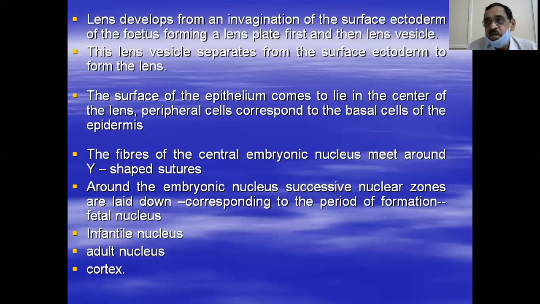So there will be further deposition of lens fibers, which corresponds to the period of formation of the fetal nucleus. The fetal nucleus is just adjacent to the embryonic nucleus, and the fibers are laid down between the third month of gestational life to the delivery or birth. In the infantile nucleus, the fibers are laid down around the fetal nucleus from birth to puberty.